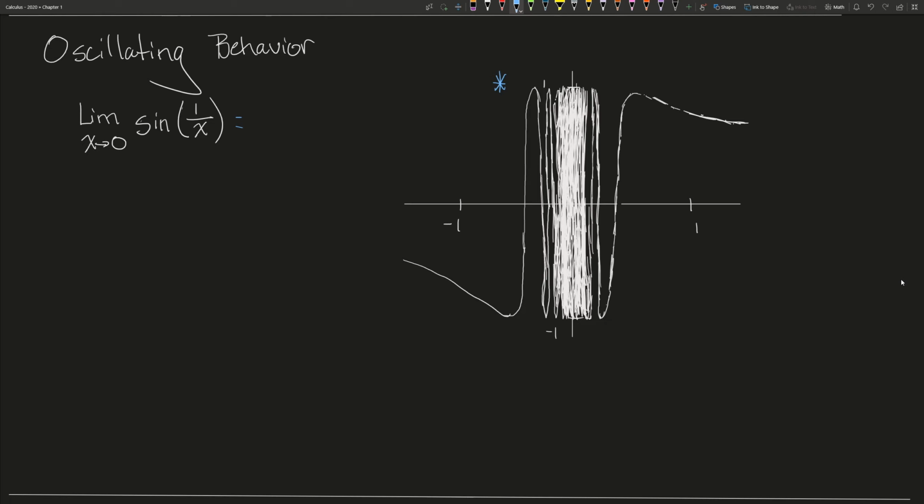This thick white part of the graph is actually an infinite number of peaks, minimums and maximums. Because as we approach 0, there is no fixed number, 1 or negative 1, this limit does not exist.